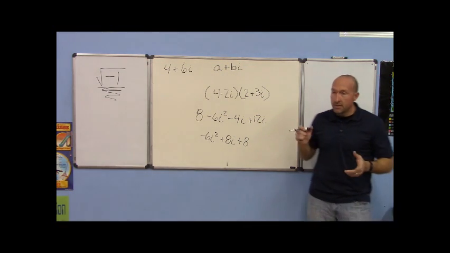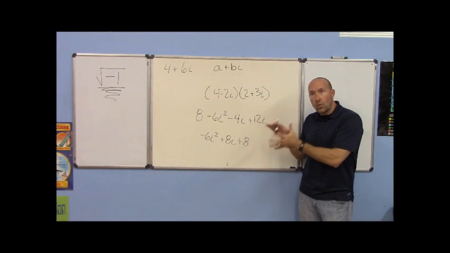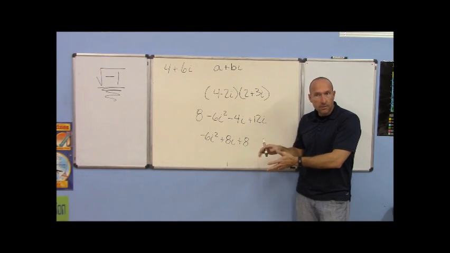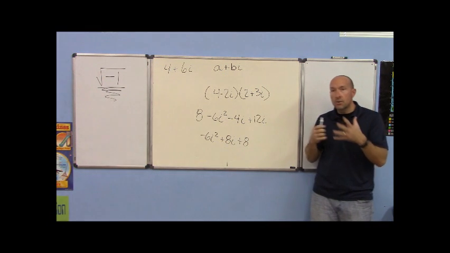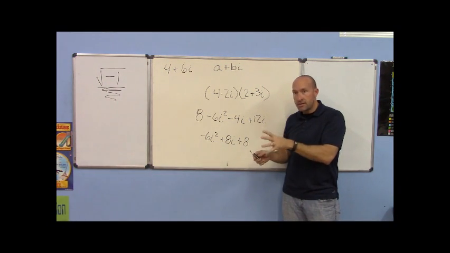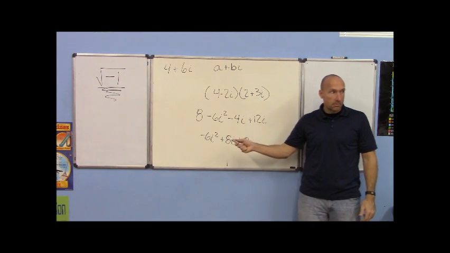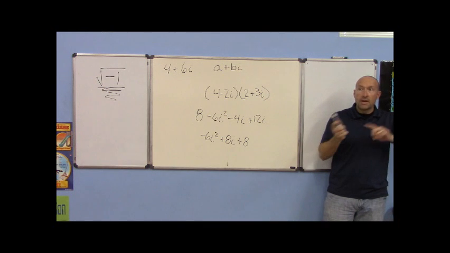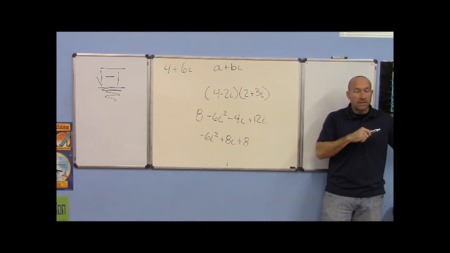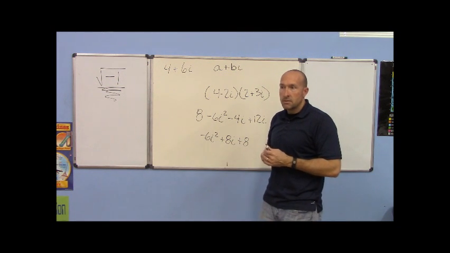All right, now what's interesting about this though is we're not quite done with this. Here what we have to start doing is paying attention to the i's that we have. So here we have an i squared. Go back to your page and take a look and see what i squared equals.